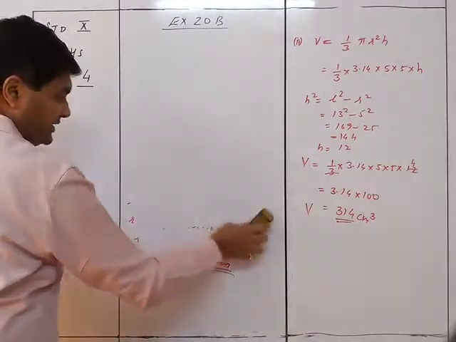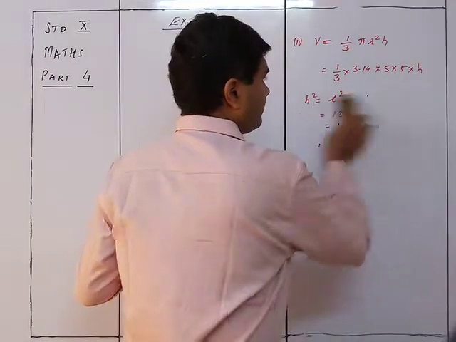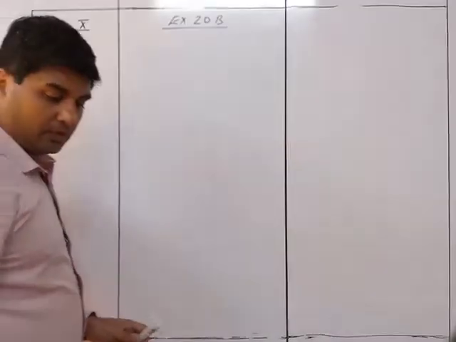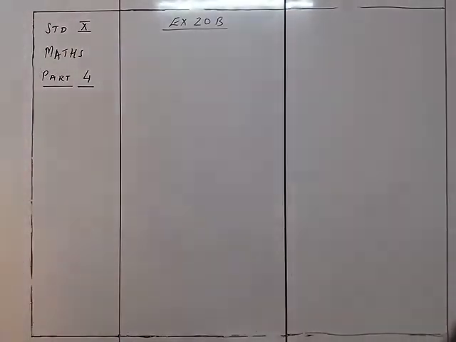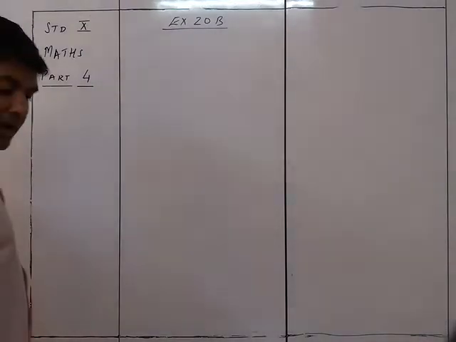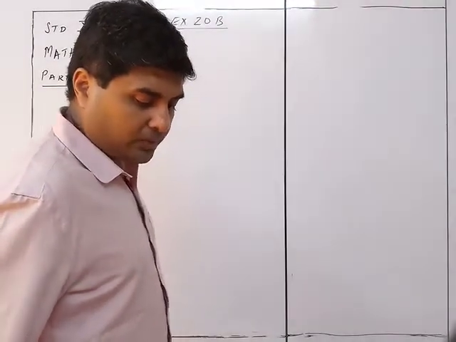The last sum for this exercise, sum number 13. A vessel in the form of an inverted cone is filled with water to the brim.